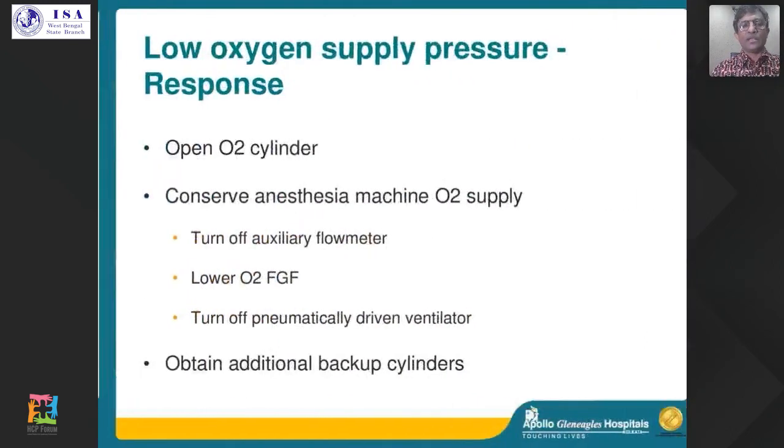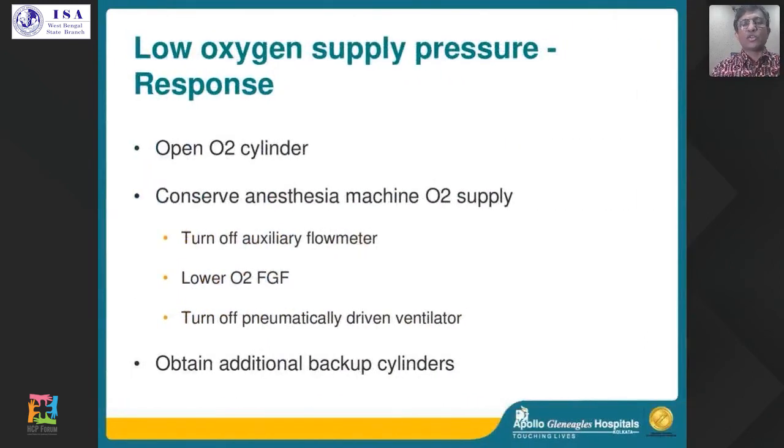So that's how it works, and the response would be: if the cylinder was closed and the gauge shows that the pipeline pressure is low, open the oxygen cylinder, and until you resolve it, figure out ways of conserving oxygen delivery from the cylinder to the anesthesia machine.